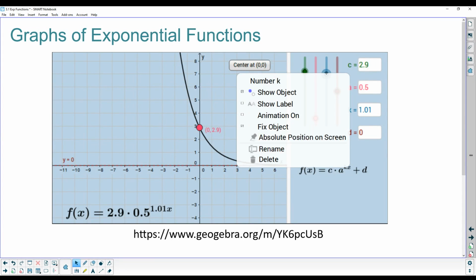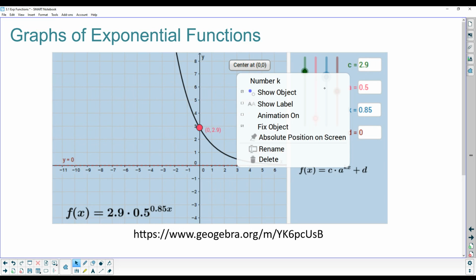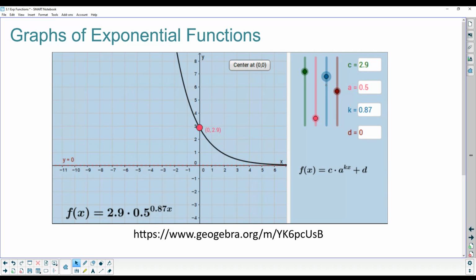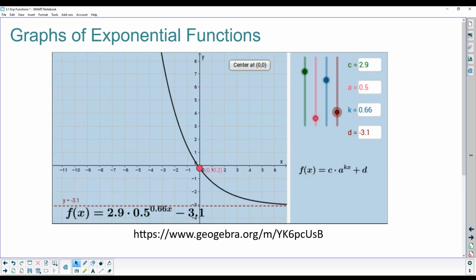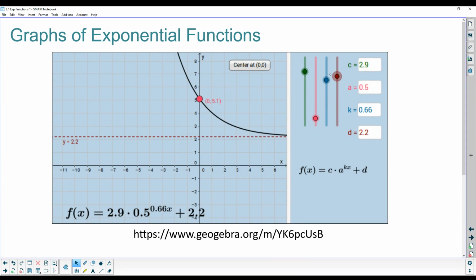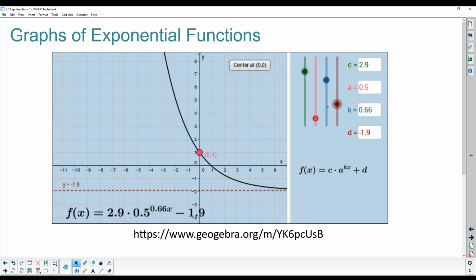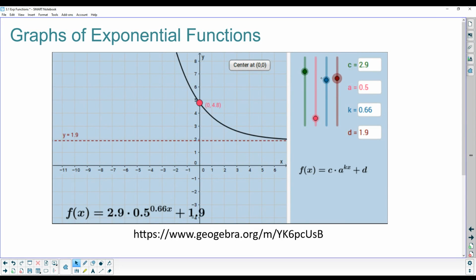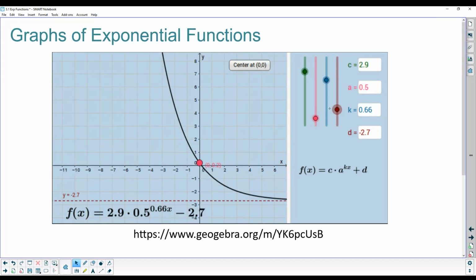You can change the number with the x in the top and it'll do that too. And then we could also shift it up or down. That's a vertical translation. It's changing the location of the asymptote.